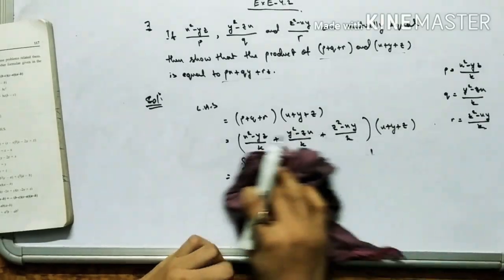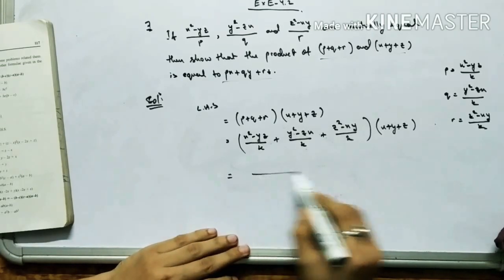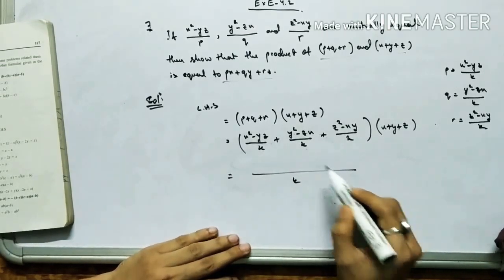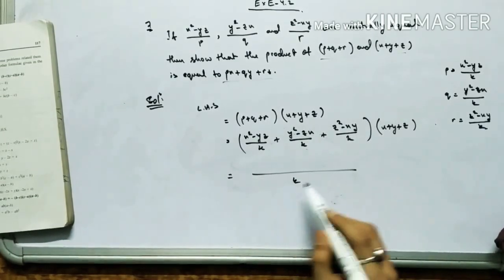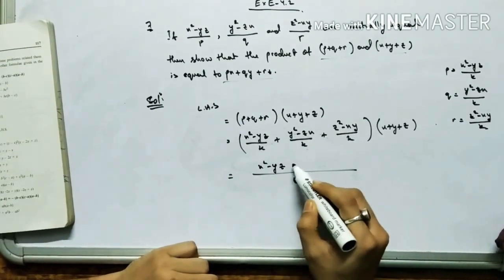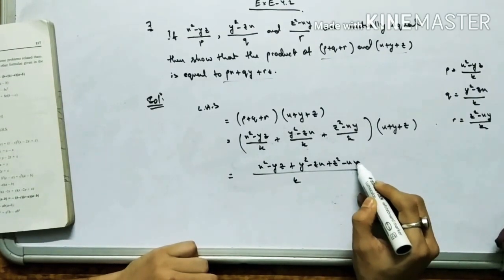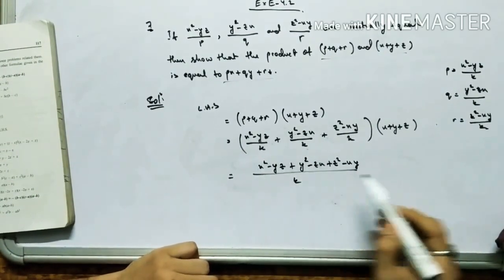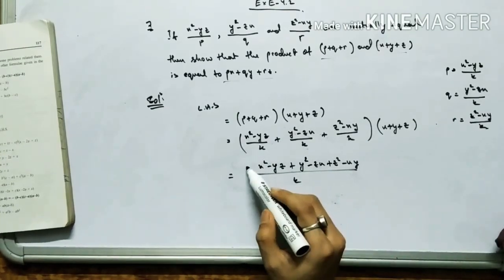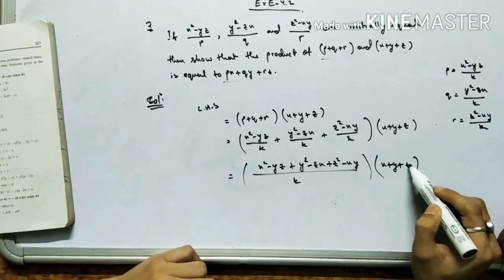Let me show you this nicely. This is equal to 1 by k, (x square minus yz plus y square minus zx plus z square minus xy), and this whole thing is multiplied with x plus y plus z.